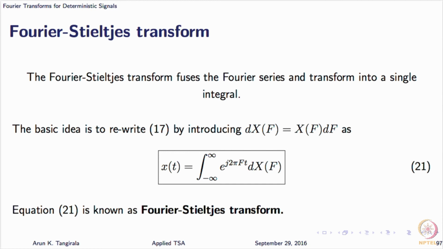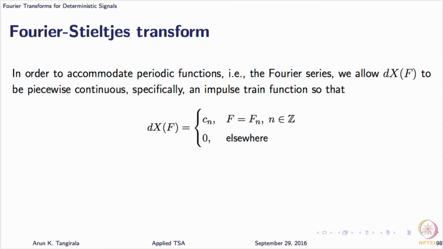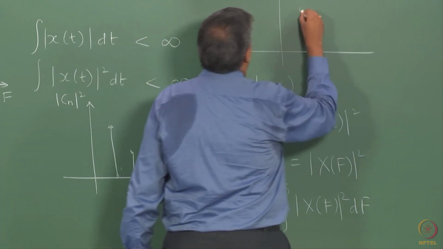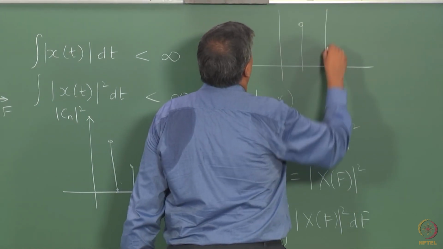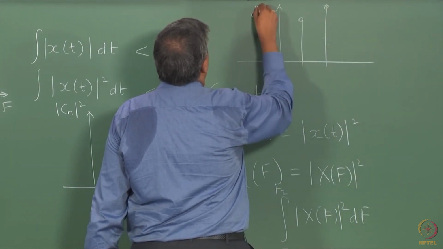How does it help me fuse both these results? It helps me in fusing these results by saying that whenever the signal is periodic, for example, then I let dX(f) be this, that is, it looks like spikes. So, the dX(f) would only have the Cn's. This is how dX(f) would be.